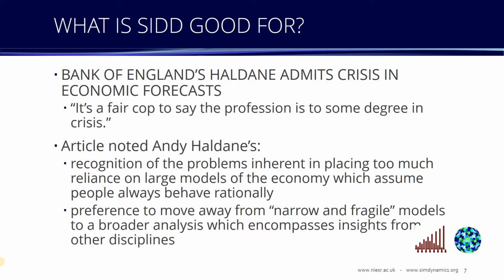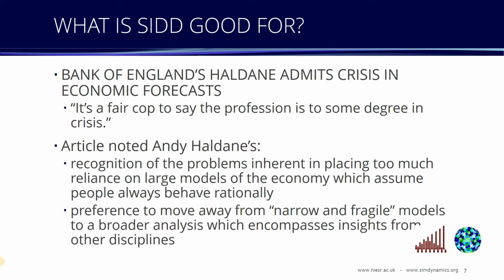In that article, Mr. Haldane is quoted as saying that it's a fair cop to say that the profession is to some degree in crisis. His points really are the problems inherent in placing too much reliance on large models of the economy, which assume people always behave rationally, and that he has a preference to move away from narrow and fragile models to a broader analysis which encompasses insights from other disciplines.